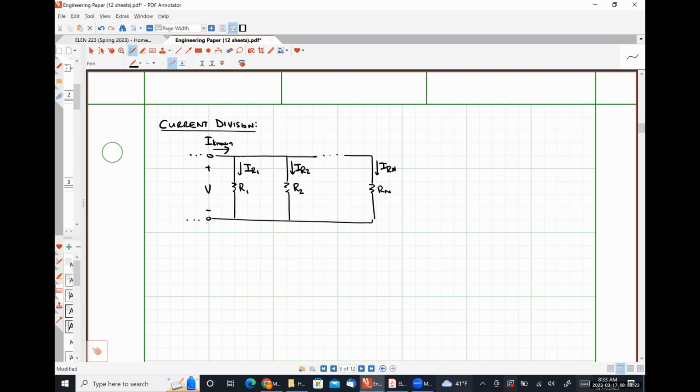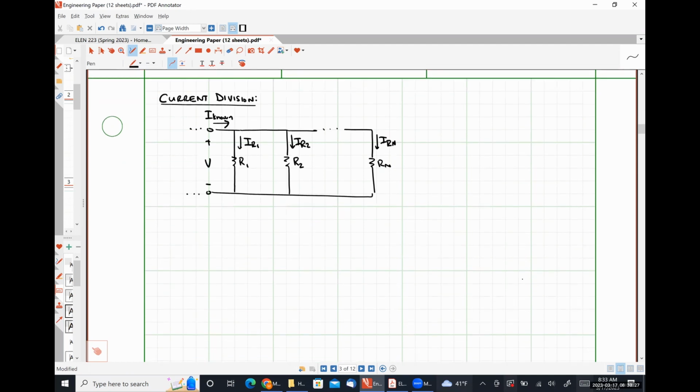And now I'm going to write a Kirchhoff's current law equation. So I can say that I known is equal to IR1 plus IR2 all the way out to IRN.